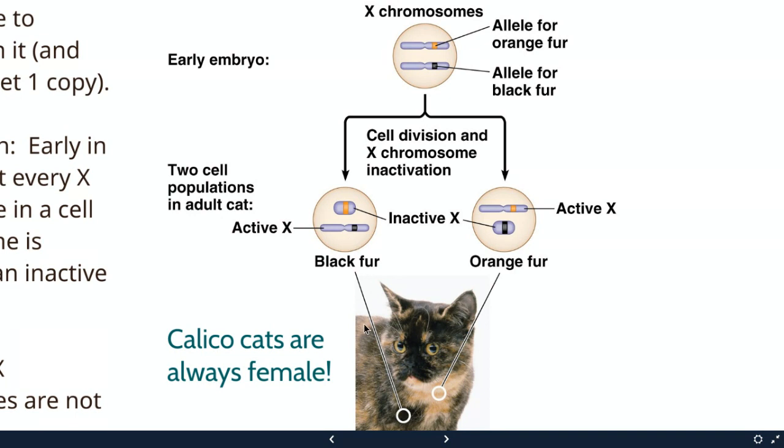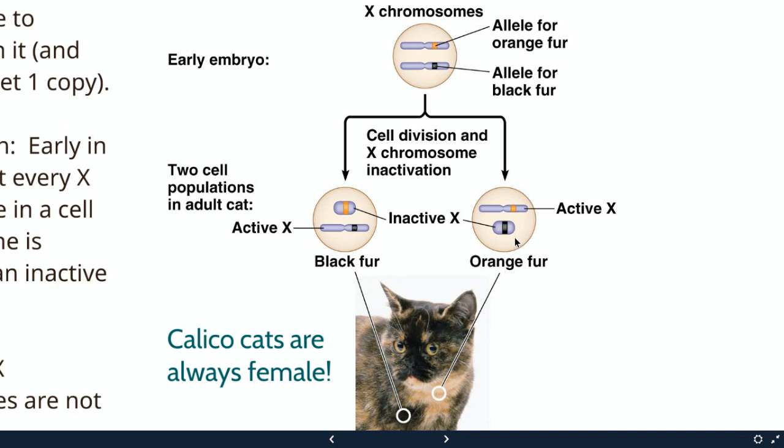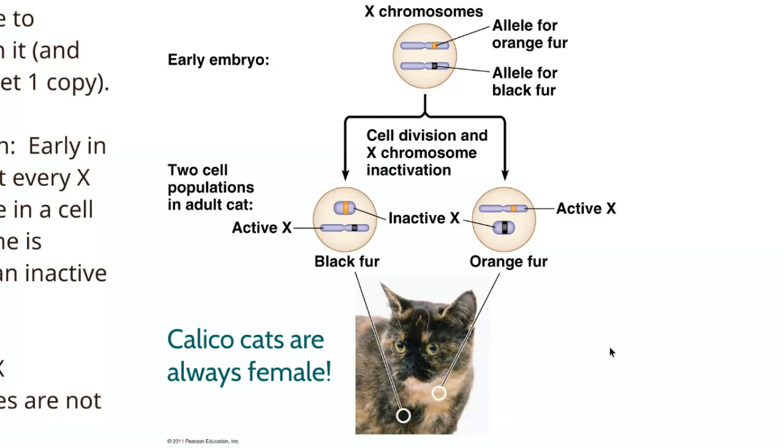And so the black fur is going to be displayed. There are other cells in which the black fur is going to become the bar body, the inactive form, and the orange is going to become the one that's displayed. And so you're going to have orange fur displayed. And this is how we get calico cats. Calico cats are always female, and it's because of this inactivation of one of the X chromosomes.